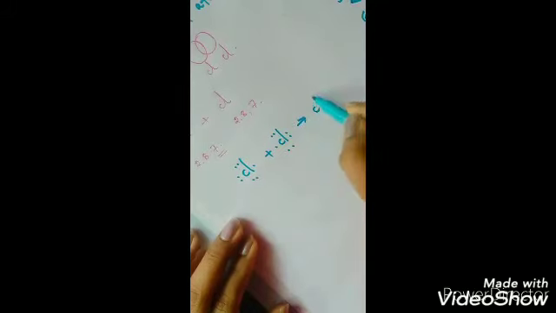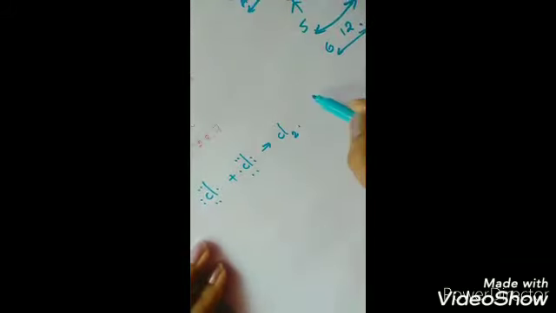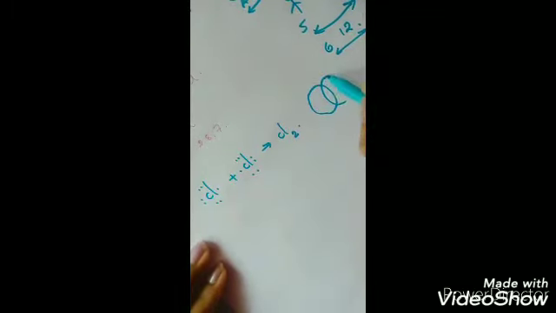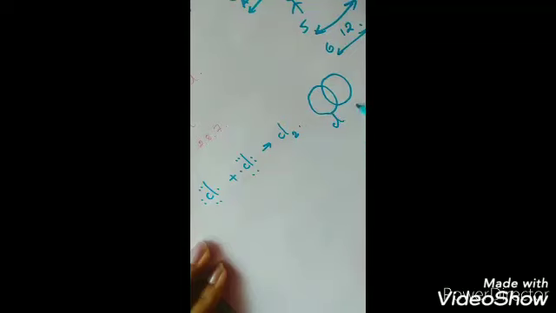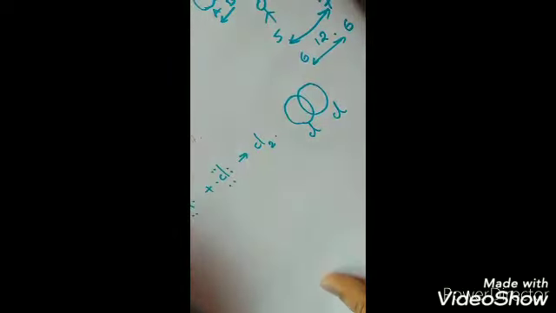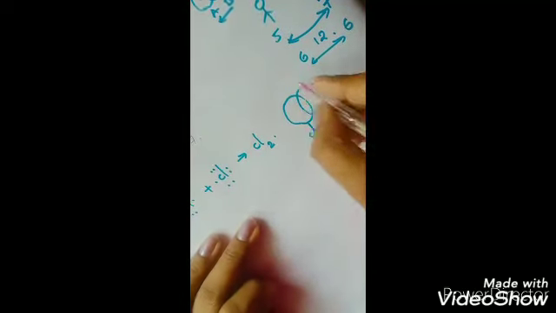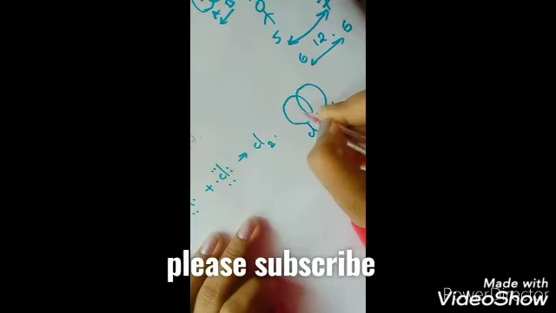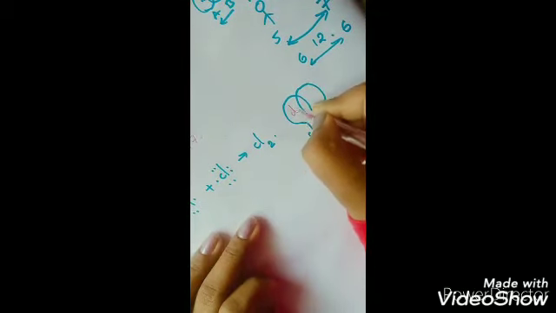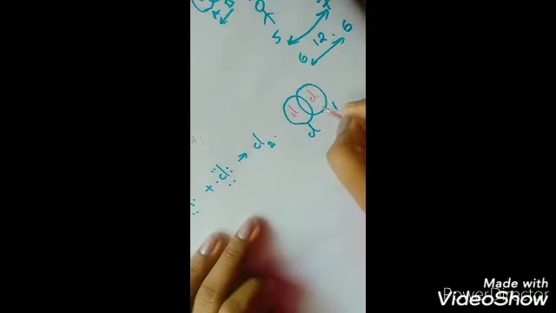For the formation of Cl2, these two atoms get combined like this. This is the chlorine atom, this is the chlorine atom. Finally, the Cl2 molecule is formed. Here also, let us see the shorthand notation with lone pair electrons.